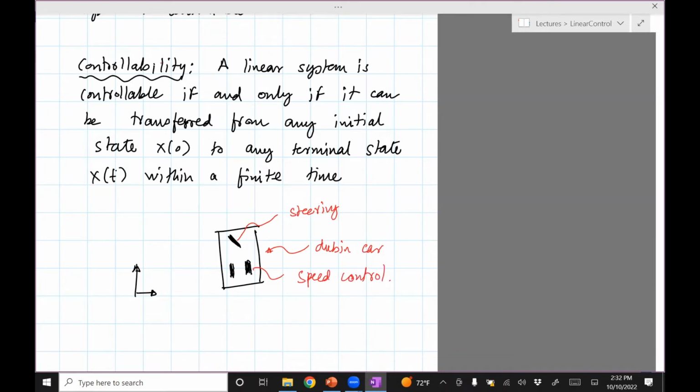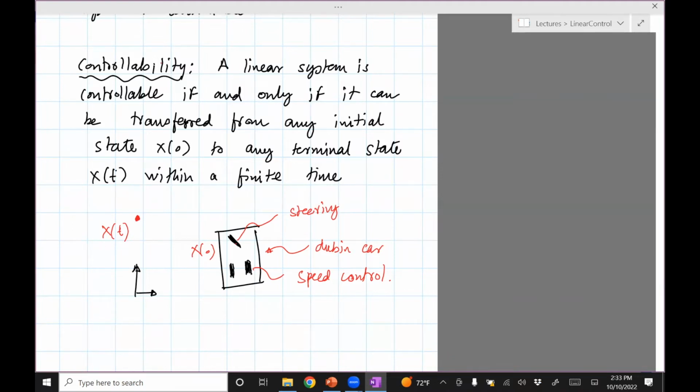What you have in a Dubin's car is more like a bicycle where you pedal harder to get it to speed up. So think of a tricycle with two wheels behind, and then you use the steering wheel in the front to steer. Now, what this definition says is, if this car is here, and if you want it to go to some other point, so this is at x of 0, and this is x of t, then if you can go from that state to another state in finite time, then the system is said to be controllable.